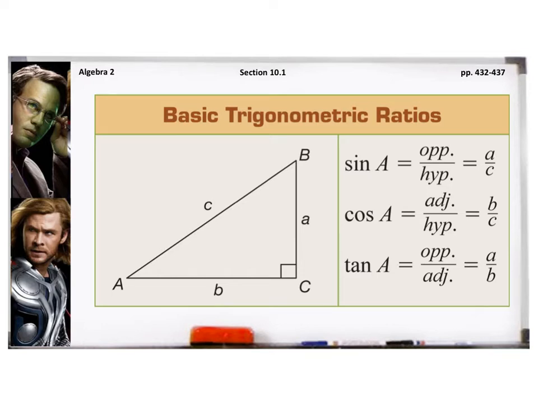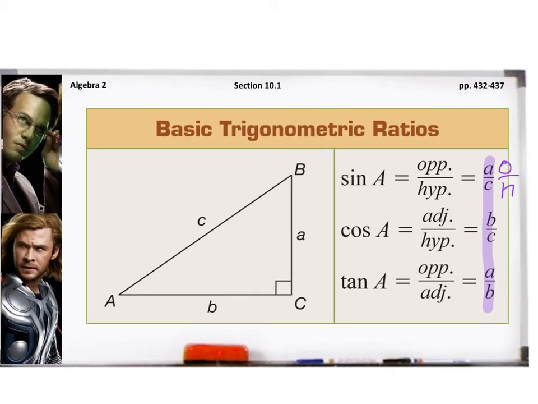All right, this I find confusing. So what I want you to remember is not this. It's O over H, opposite over hypotenuse. We have a short term we use: SOH CAH TOA.